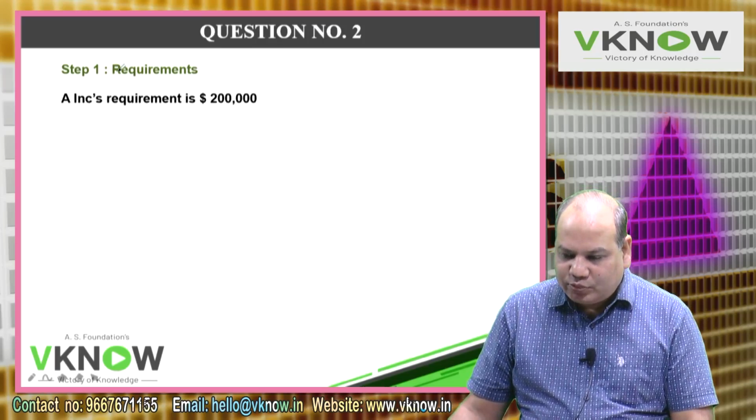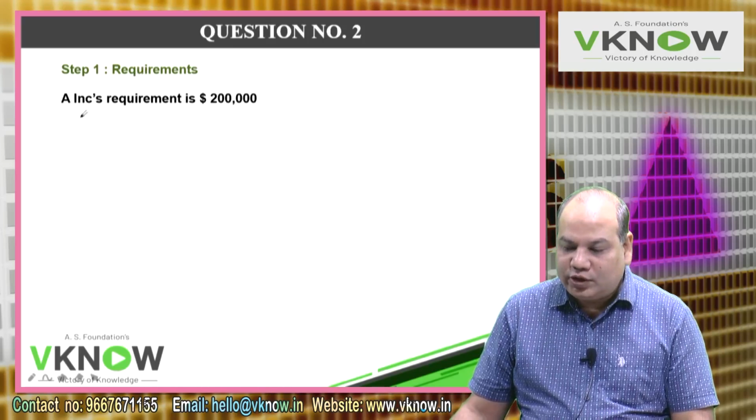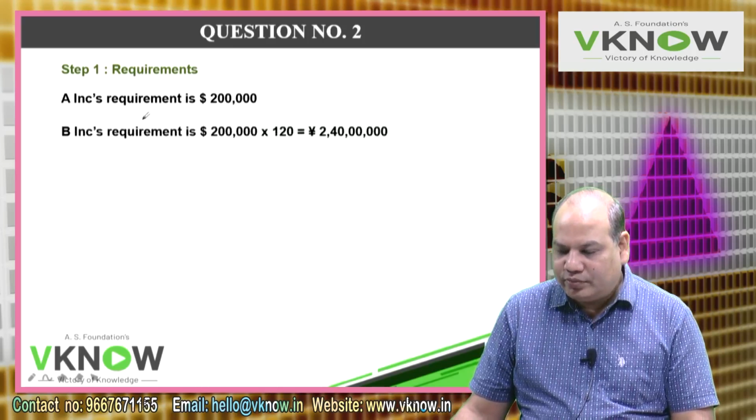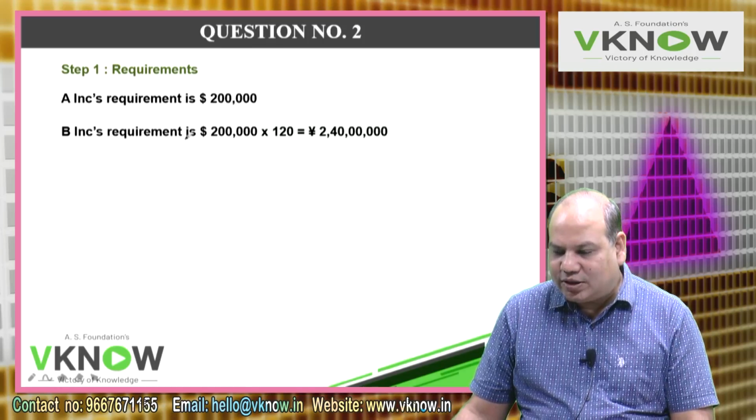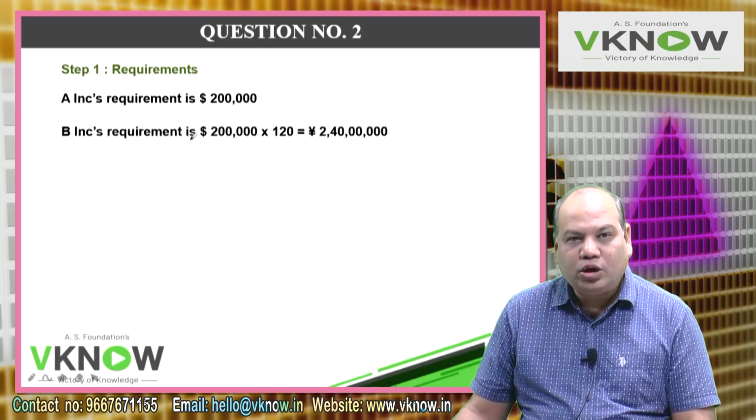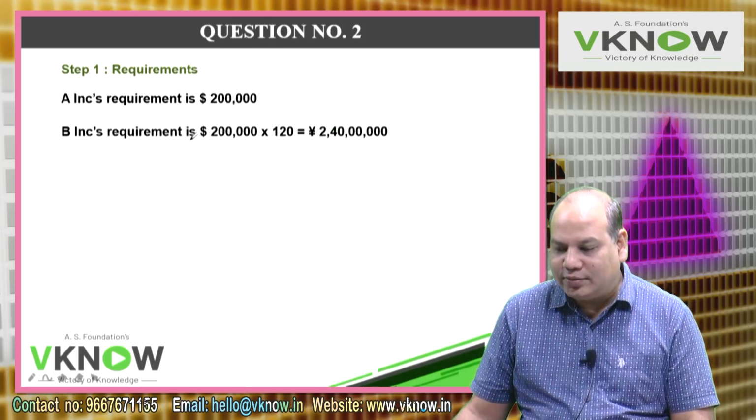First, write down step 1, requirements. What is A Inc.'s requirement? A Inc.'s requirement is $2 lakh. A wants $2 lakh loan. What is B Inc.'s requirement? B Inc.'s requirement is $2 lakh in yen.